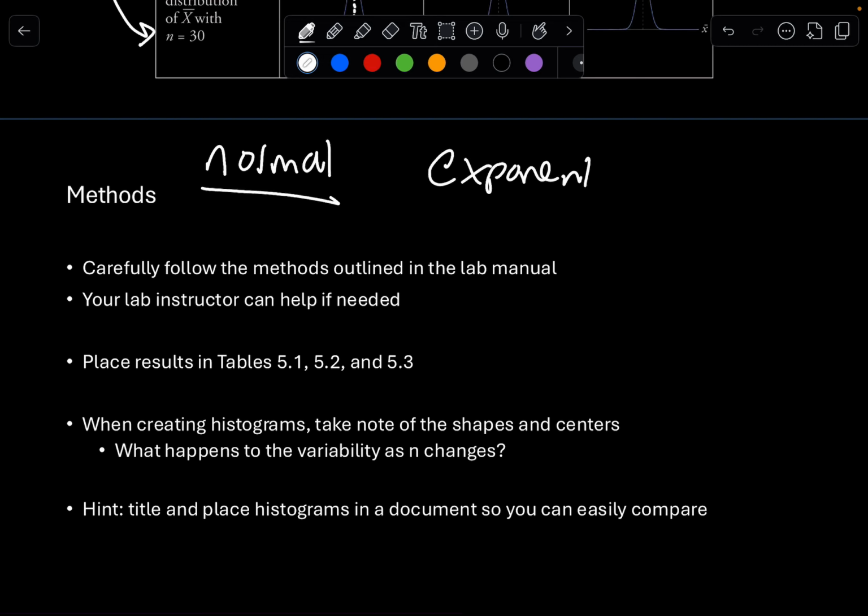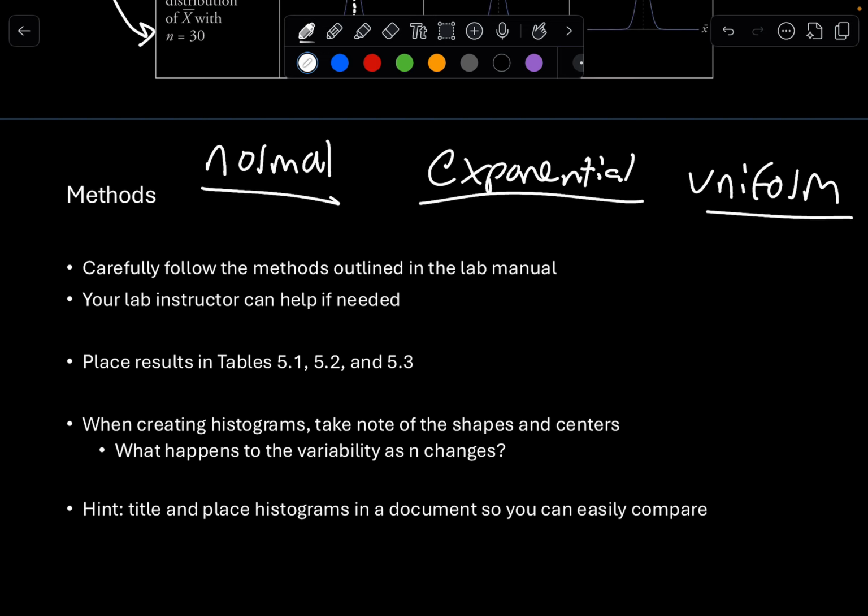You'll have an exponential population, a normal population, and a uniform population. Start with the normal distribution first, do everything with one distribution, then move on to the next, then move on to the next.